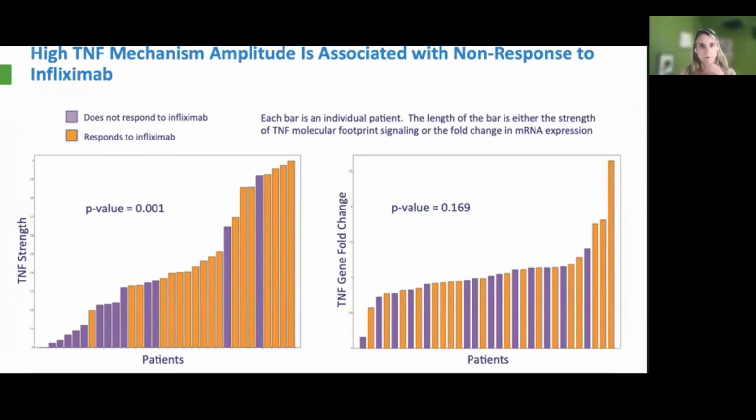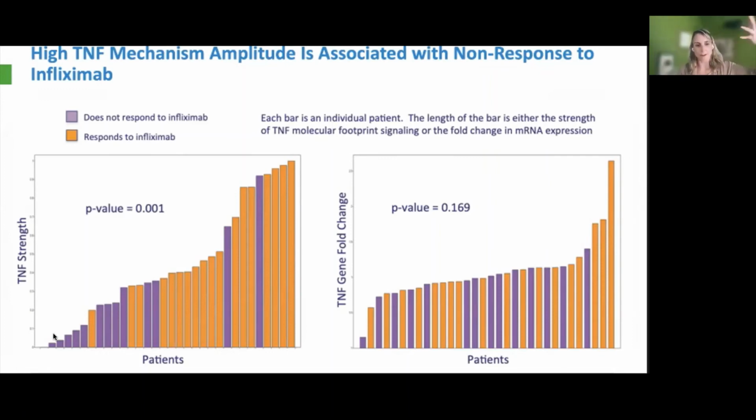This is the signaling amplitude for one particular patient. Every bar is a different patient, colored by response or non-response to infliximab. The samples were taken at baseline in the synovium, so it really is the disease tissue. This individual has high levels of TNF signaling, and this individual has relatively low levels of TNF signaling.